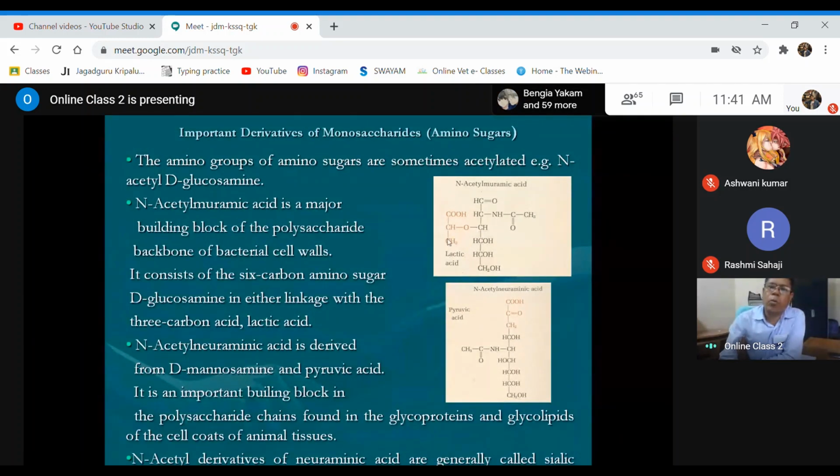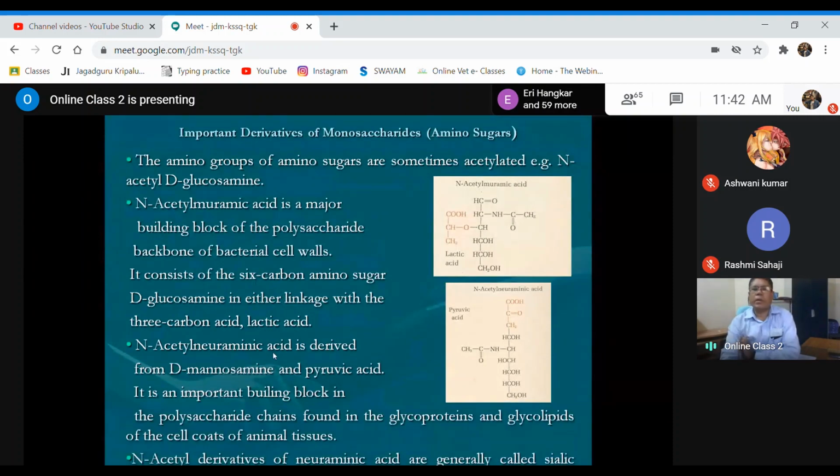Then this whole structure is called N-acetyl muramic acid. So it is just the composition of glucosamine, acetyl group and lactic acid. All these together form the N-acetyl muramic acid, which is present in the polysaccharide backbone of the bacterial cell walls.